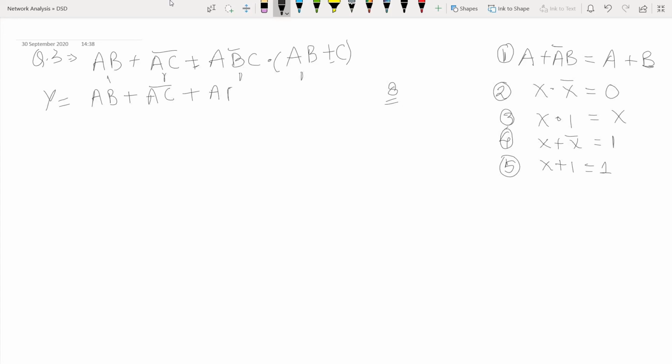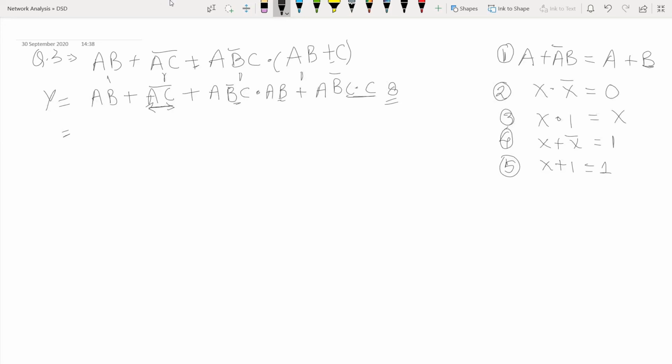Using distribution property, when I solve this, I will get AB bar C dot AB plus AB bar C dot C. Now, I will be doing two things together here. First, I will be applying De Morgan's at this term, A dot C the whole bar, which is A bar plus C bar, as well as I will be applying the AND law to these two terms.